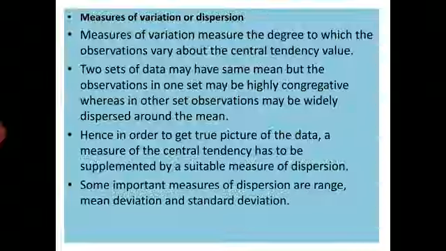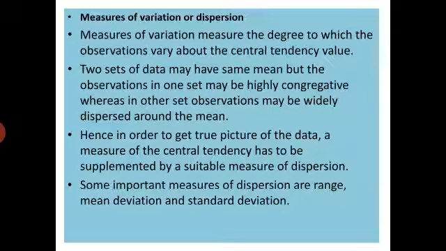So in that condition, you add all the values and divide by the total number of variables, and you will get the central tendency or central value. But the values are dispersed. Somewhere they are 35, somewhere they are 80. So how much they have dispersed, you have to find out with the help of standard deviation. Some important measures of dispersion are range, mean deviation and standard deviation.